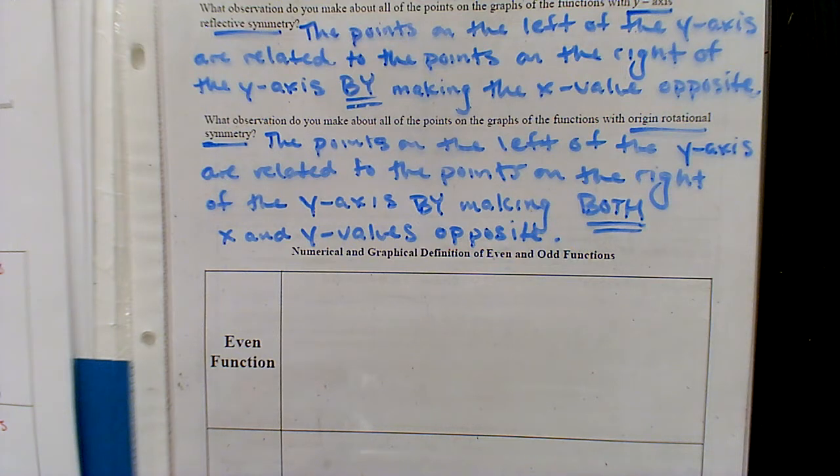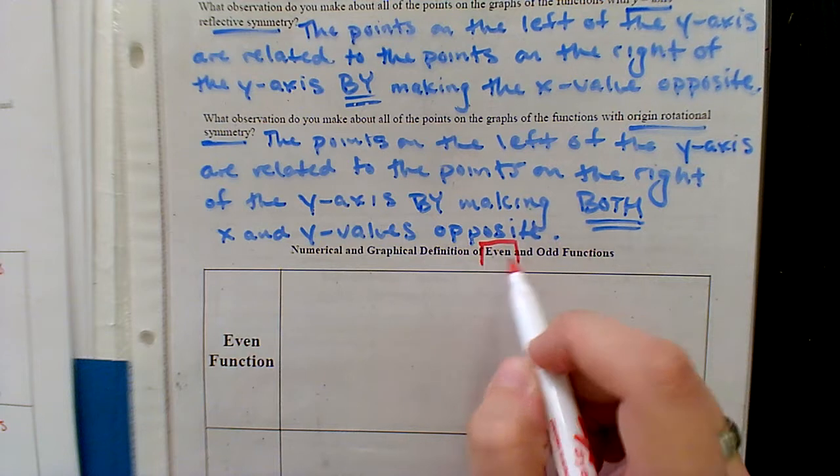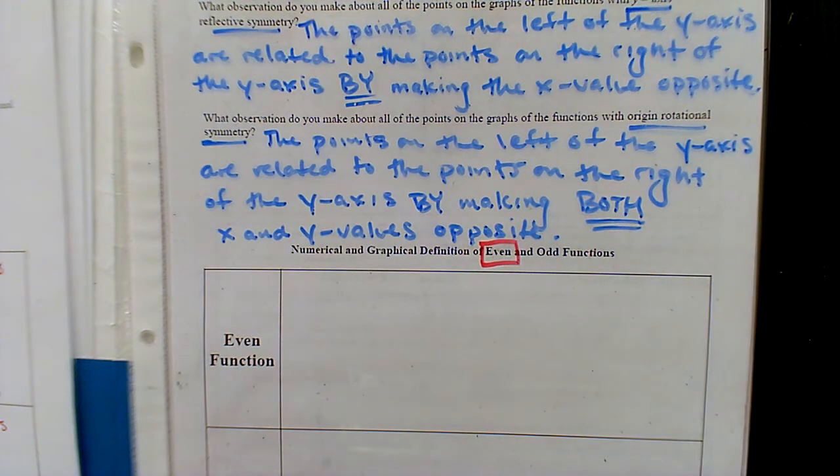Alright, so the reason that we're focusing on these two particular types of symmetries a little bit more closely is because we have a different way of phrasing them or classifying them. Instead of telling you that a graph has y-axis reflective symmetry, do you guys realize how long that phrase is? Instead of saying that, we can simply classify that type of graph as even.